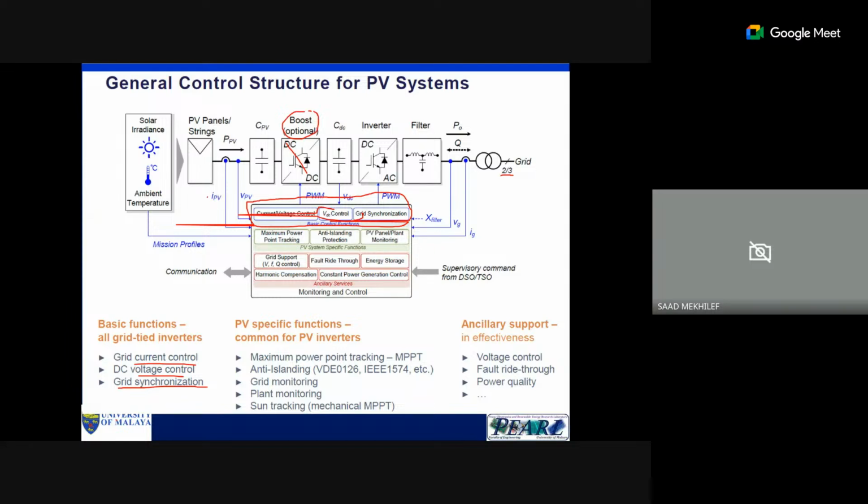Here you can see we take inputs from the weather station, which gives us the irradiance, the ambient temperature, and so on, and that is fed into this. So these are the PV system specific functions and control: we have MPPT, anti-islanding, and PV plant monitoring.